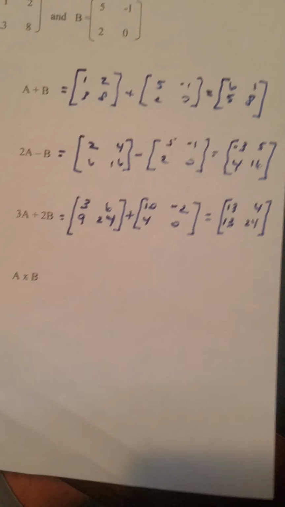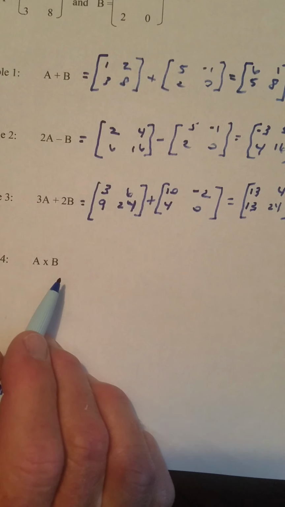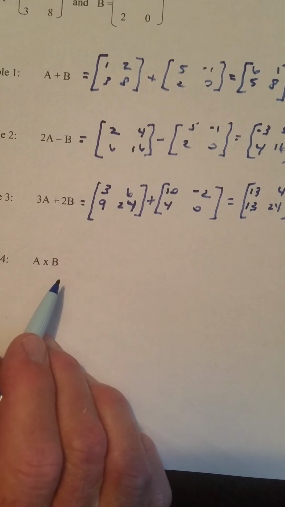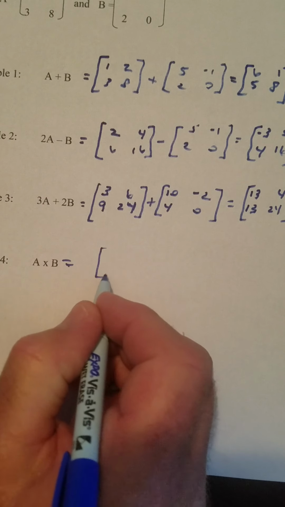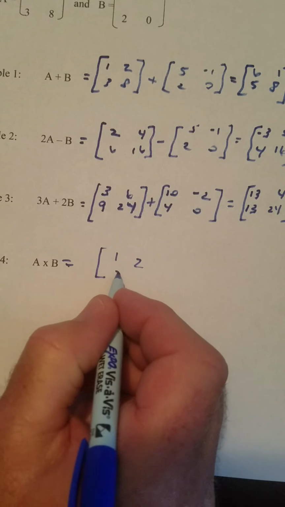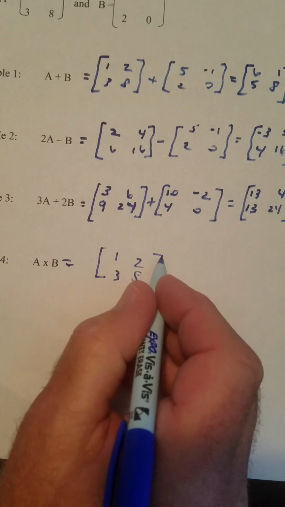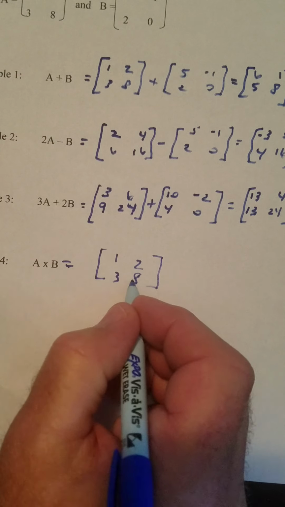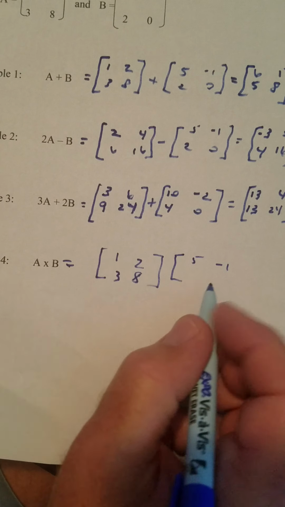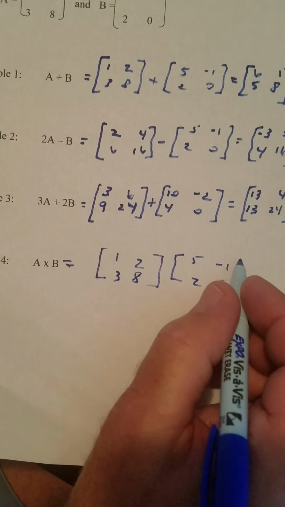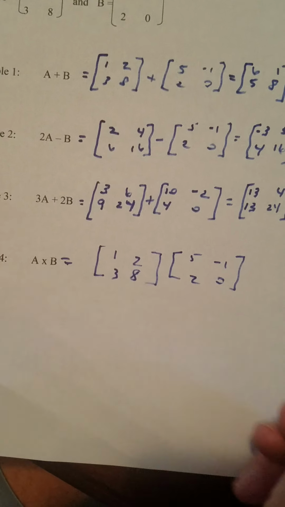Okay, and then the last one I have, it says A times B. Okay, well, there's no easy way of doing that. That just means you're going to have to go 1, 2, 3, 8, times 5, negative 1, 2, and 0.